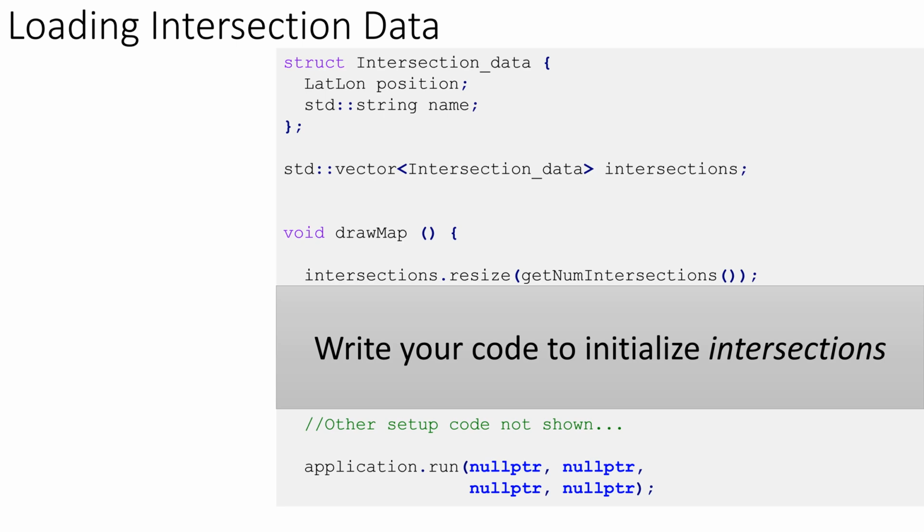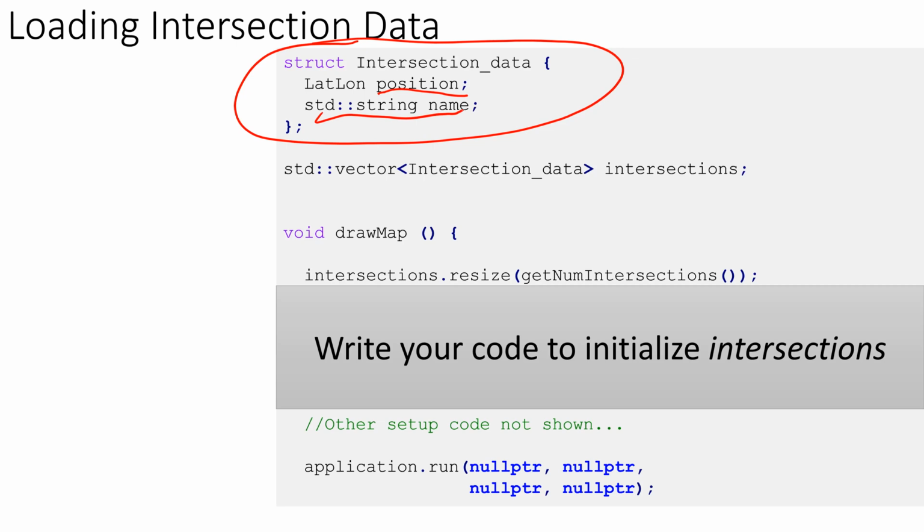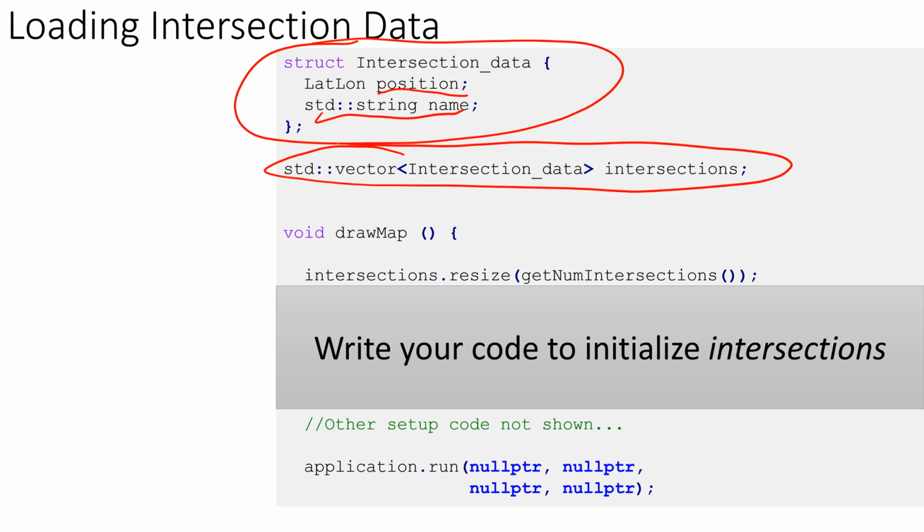So I'm going to make a structure just to organize the data that I'm going to draw, to make the code simpler. I've made a structure that has the latitude and longitude of an intersection, called position, and it has the intersection's name. Then I'm going to make that a global variable. So I make a vector of intersection data, with this data for every single intersection.